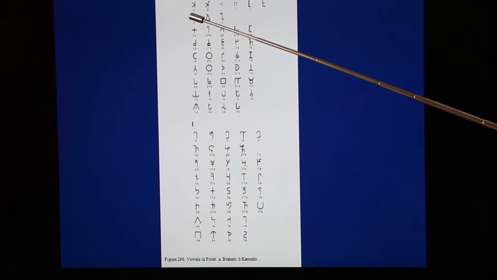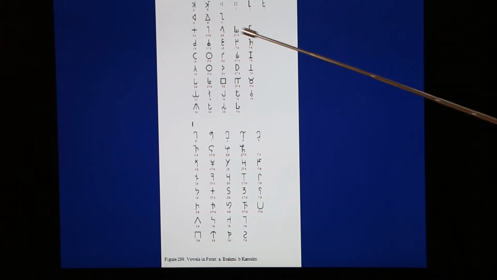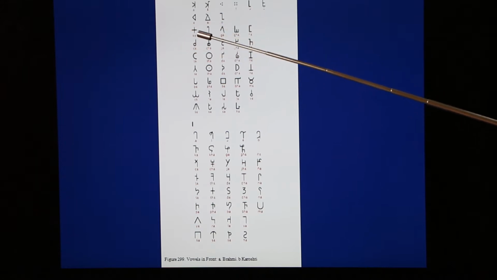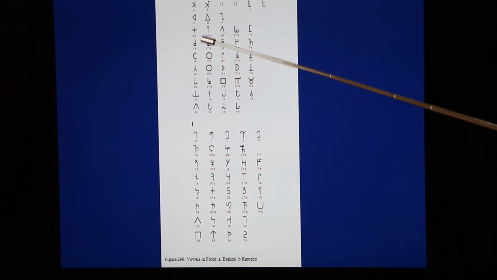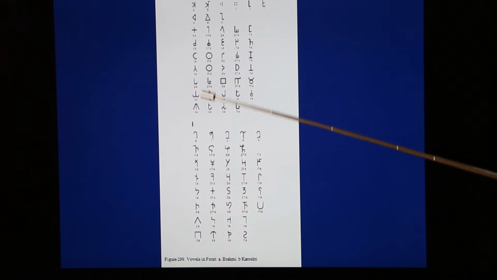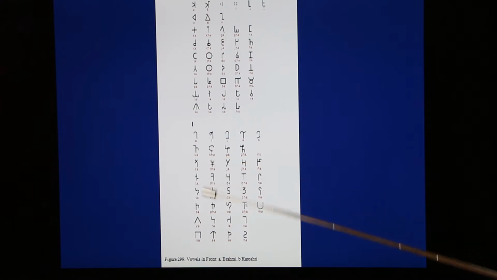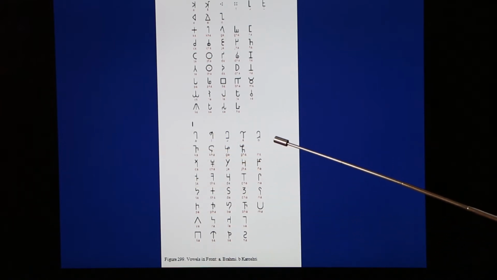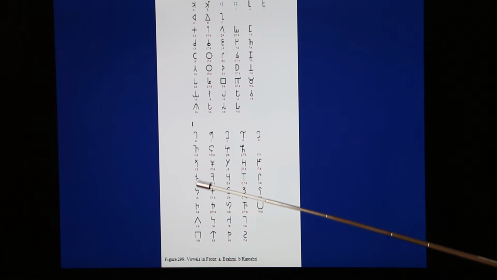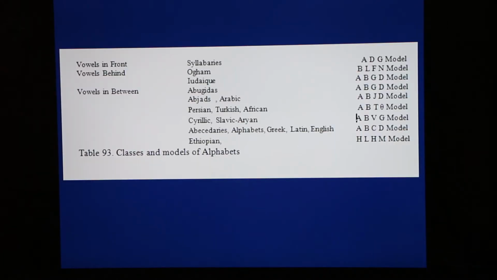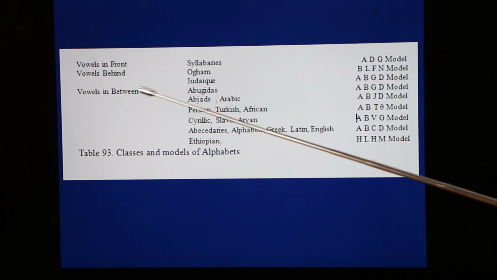So I start here in Brahmi with a series of vowels, and then I start with my ka, the various vargas, ka, ta, pa, ya, and so on. Here in Kharosthi, again, the vowels, now 5 vowels first, and again the same vargas. So we have, just as a general thing, vowels in front are normally called syllabaries.